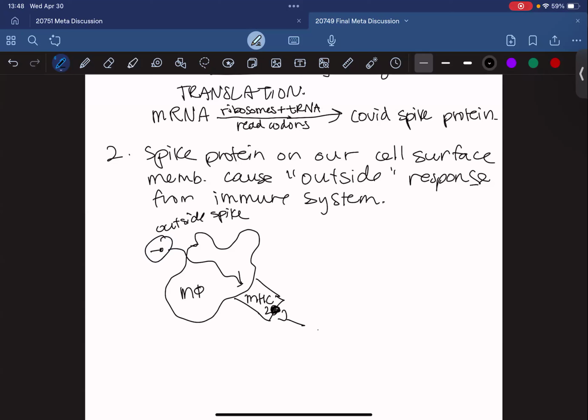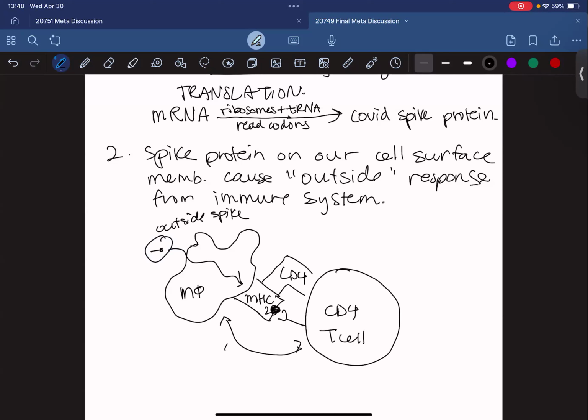This is going to be seen by a T cell. This CD4 positive, because we're seeing MHC2, which we already talked about, so I'm not going to spend too much more time on this. This is going to activate these. Then this guy is going to make TH2 and TH1. But we don't have any inside to react to. So this guy won't have really much of a job to do.